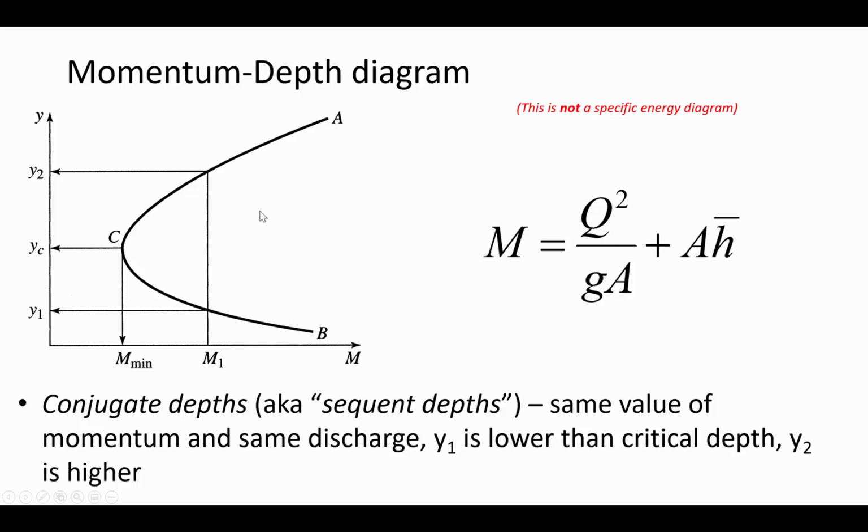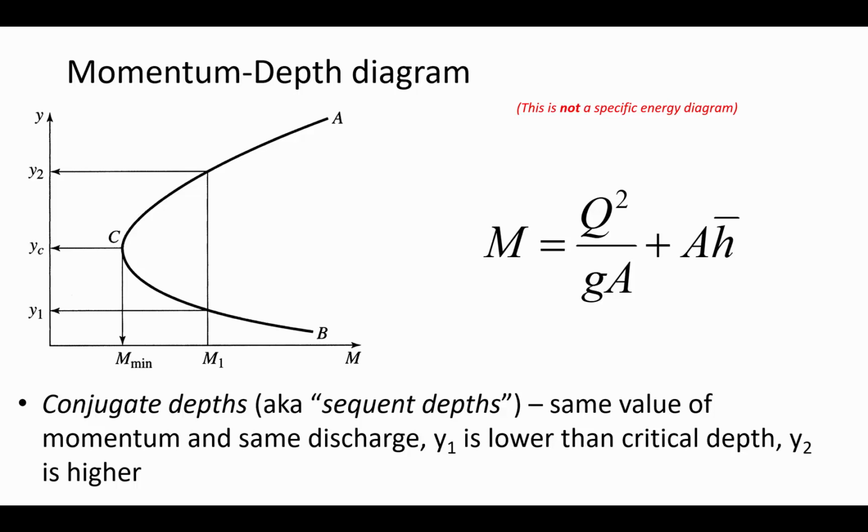So for a certain flow rate and channel configuration, you can calculate the momentum function, and for every certain amount of momentum there are two different depths. Just like there were alternate depths with the same amount of specific energy, in the case of momentum, they're called conjugate depths or sequent depths.